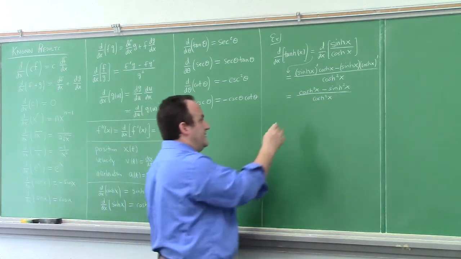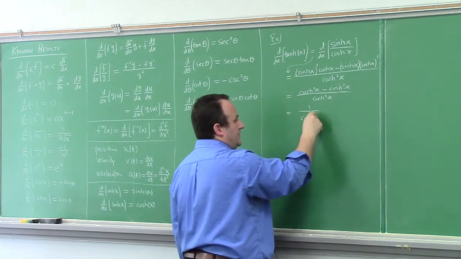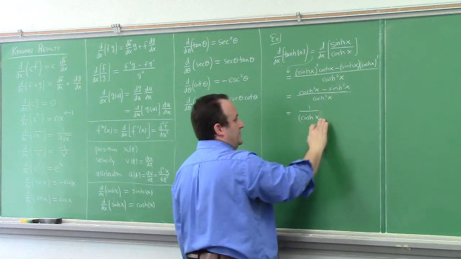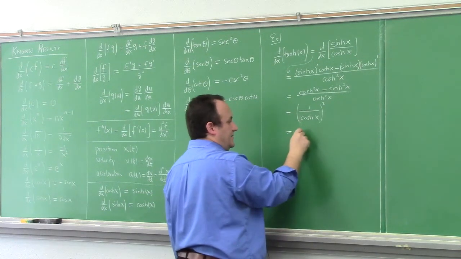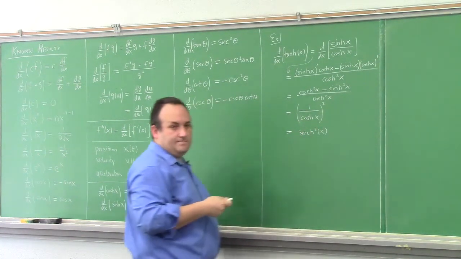So it turns out you were right. This is 1 over the hyperbolic cosine of x quantity squared, right? So we could write it like this, and what we would have is indeed hyperbolic secant squared of x.